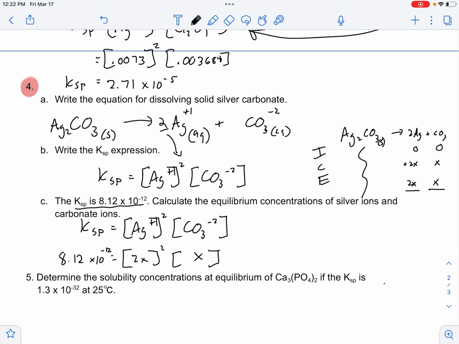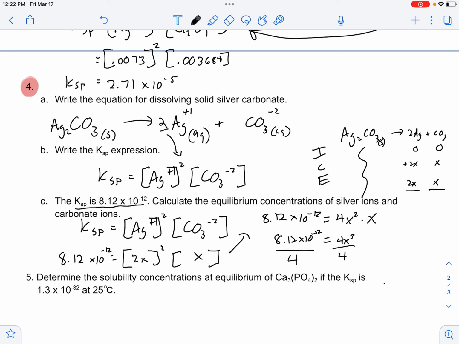All right, so now we want to just use some algebra here. So 2x squared equals 8.12 times 10 to the negative 12. 2x squared is 4x squared, and then that times x equals 4x cubed. Okay, so then I'm going to want to get my x by itself.